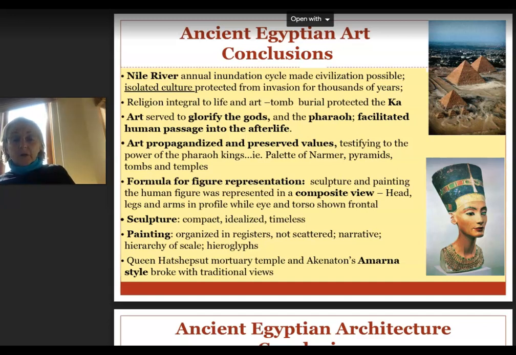Sculpture was very compact, idealized, and timeless, and painting was organized in bands, not scattered. So you'll notice that. Of course, the hierarchy of scale was important. And then in the Amarna period, with King Akhenaten, you see a complete change in the art of ancient Egypt.